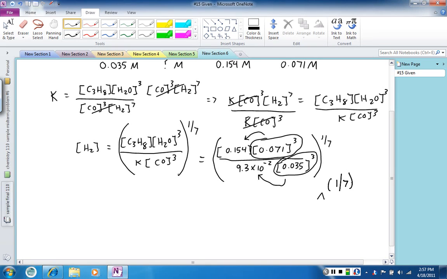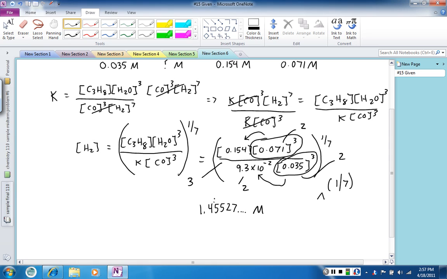So when you do that all, you're going to come out with 1.45527 and some more numbers molar. Remember, our sig figs is all multiplication and division, so we're going to use the smallest. That is 3 sig figs, 2 sig figs, 2 sig figs, 2 sig figs.